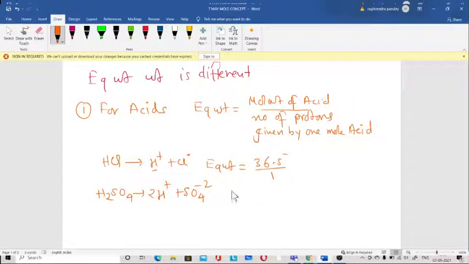So here the equivalent weight is 98 divided by 2, because 2 protons are released by 1 mole of H2SO4.